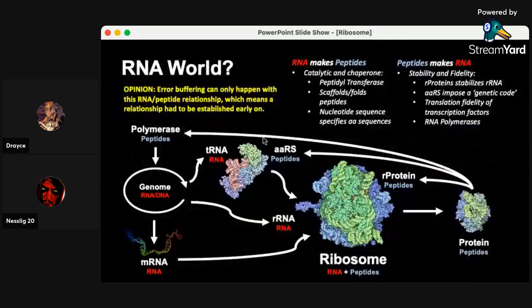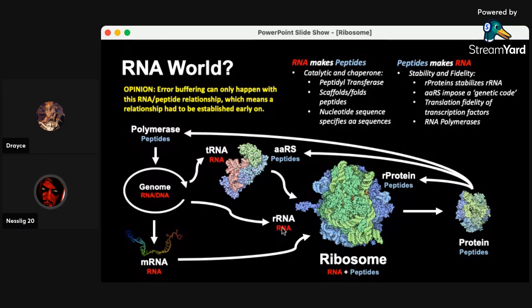All right, so my opinion is that this error buffering can only happen with RNA and peptides. If you have an RNA-only system, perhaps you can have error buffering, but I don't know.